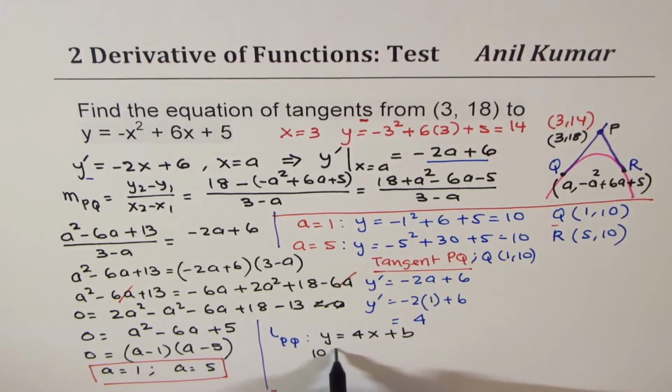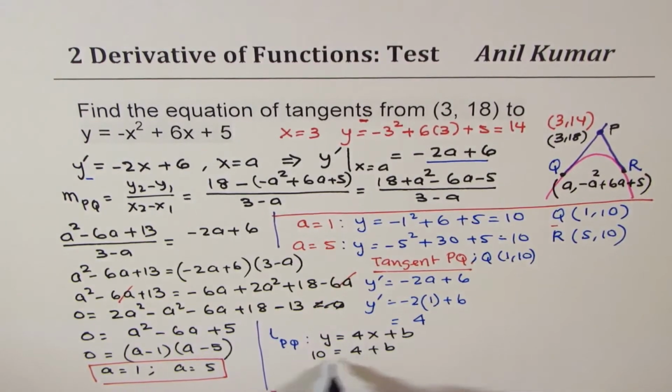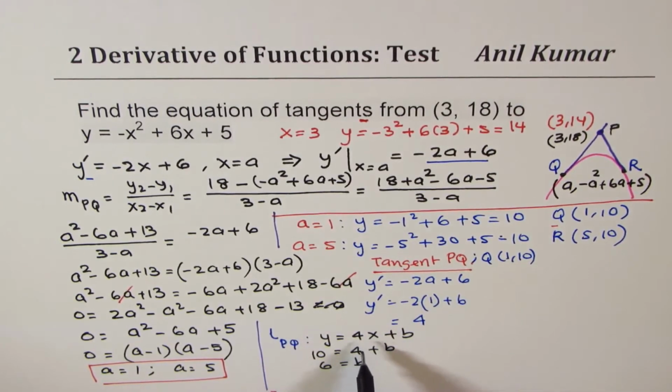So we have 10 equals to 4 plus b, or b is equals to 6, right? And therefore, the tangent equation PQ is going to be y equals to 4x plus 6. So that is one of the equations.